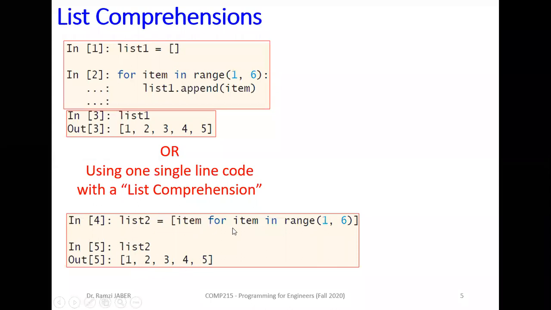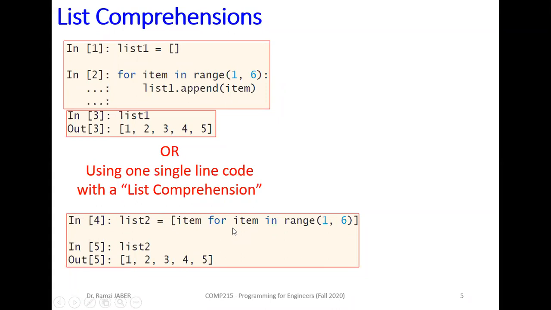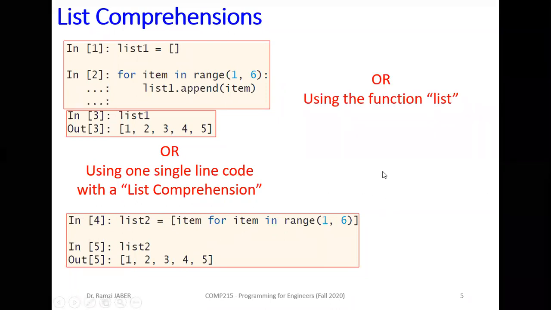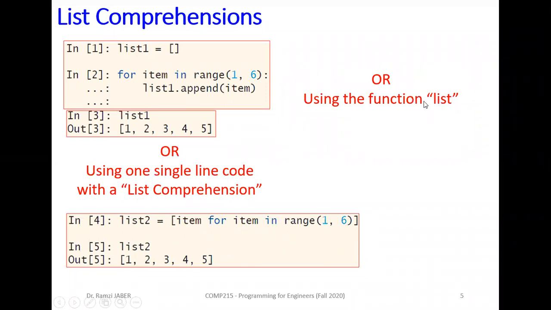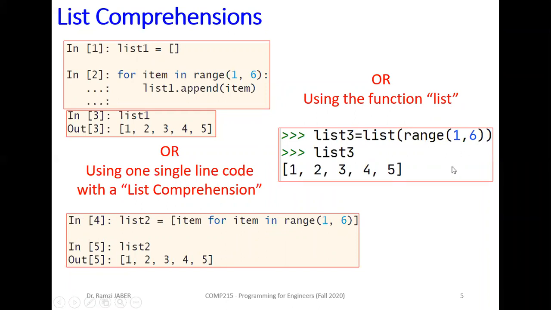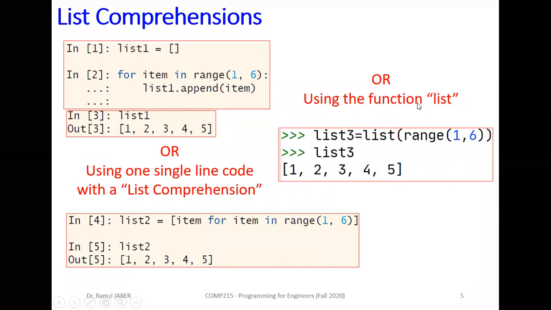It's useful. Or we can also fill a list using the function list. We have a built-in function in Python called list. Example, like this, without initialization, it's better than this. List 3 equals, just write list.